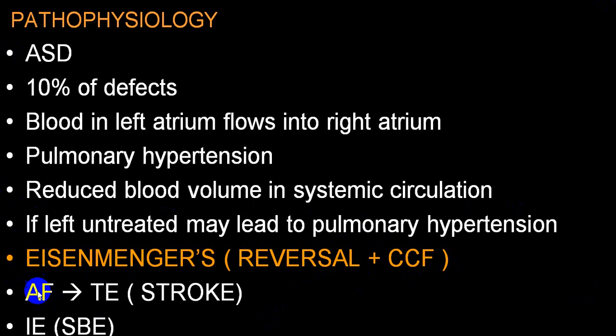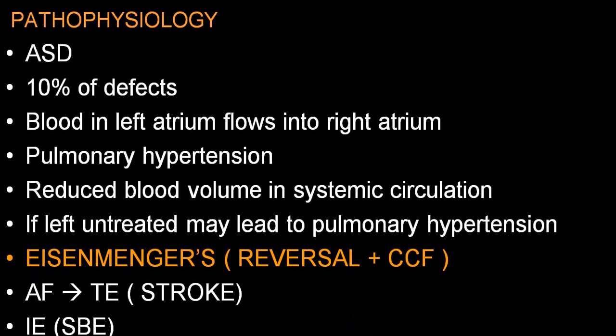Now because of dilatation of the right atrium, you will have a very high chance of development of atrial flutter and fibrillation, which will end up with formation of a thrombus in the atrial appendage. From there you can get thromboembolism. Usually in an early stage, the thromboembolism goes to the pulmonary circulation.